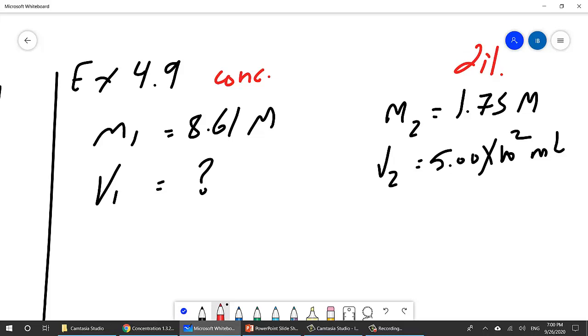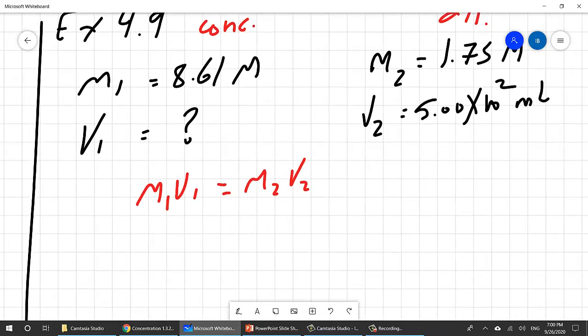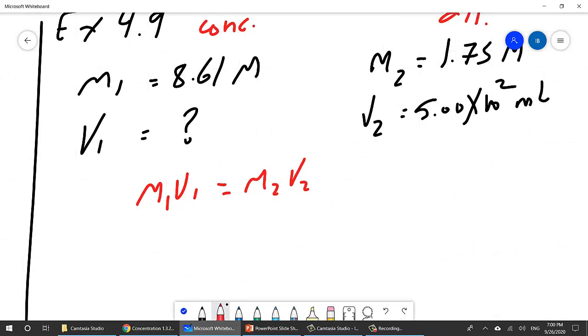Once you get this in place, you just say M1V1 equals M2V2. And the nice thing about dilution problems is that if the volumes are in the same unit, you don't have to convert volumes.